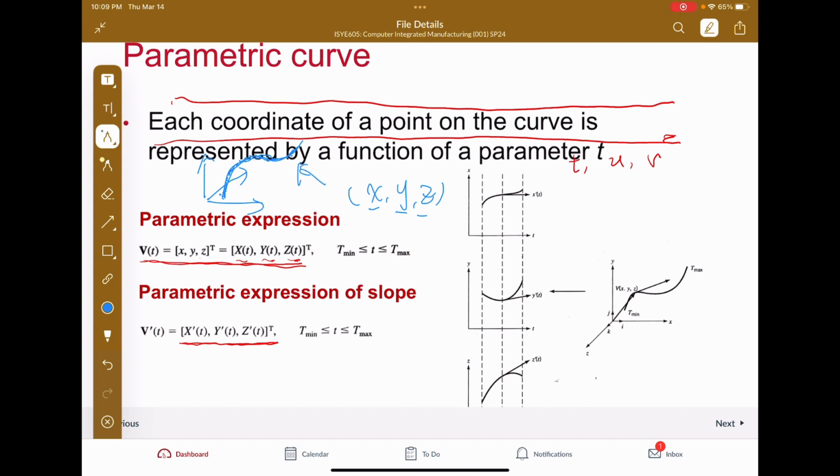This is one way. The second way is we use a parametric expression, which is we use another variable t to replace and represent x and y and z.